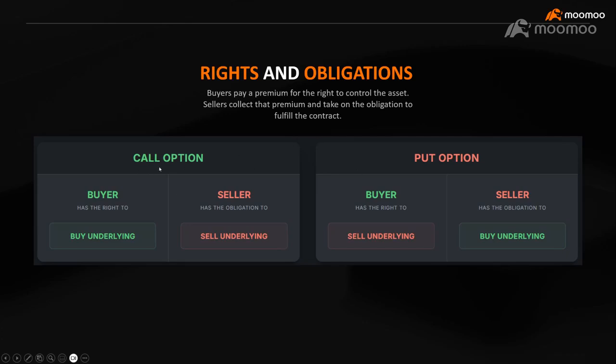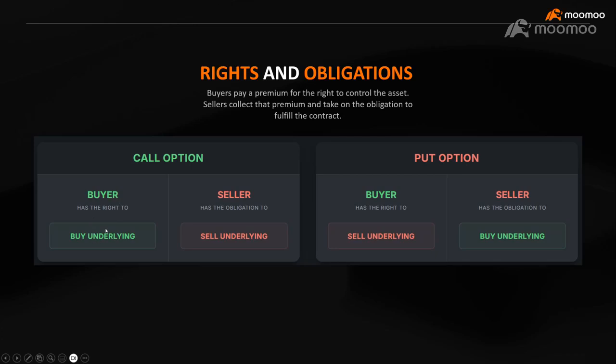For call options, if the buyer buys the call option, you have the right to buy the underlying. Say, for example, your strike price is $100. Even though the underlying price goes up to $120, you still have the right to buy at $100.